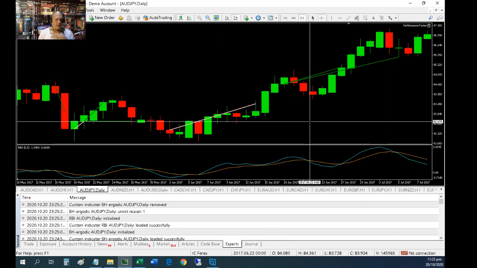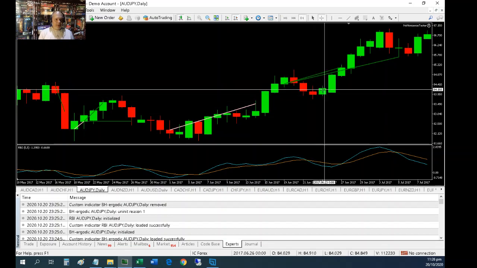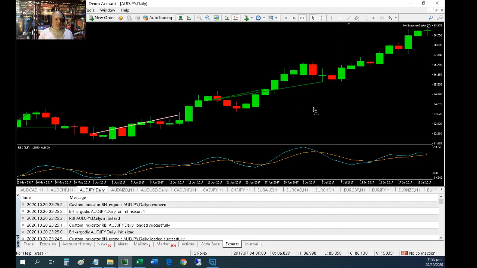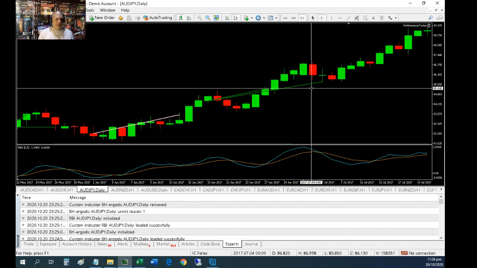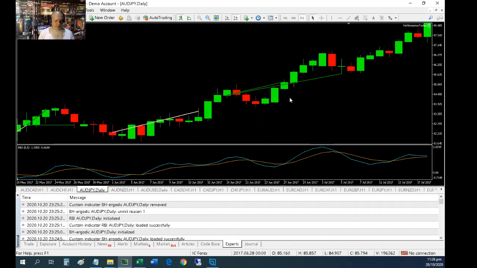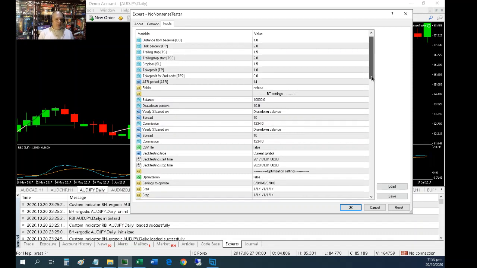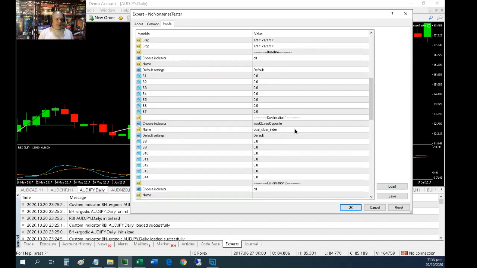We had a short signal here, so we can expect a trade to be entered short on this candle, and this would be a loss. Okay, that's what I'm expecting to see. So let's go ahead and load up the indicator now. Put in the indicator name, BH ergodic, and with the two lines opposite.